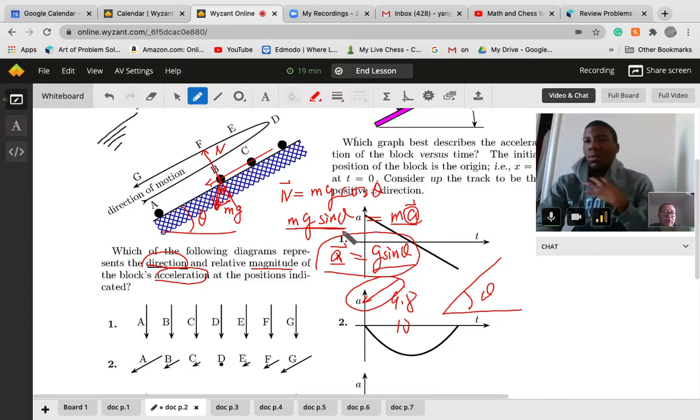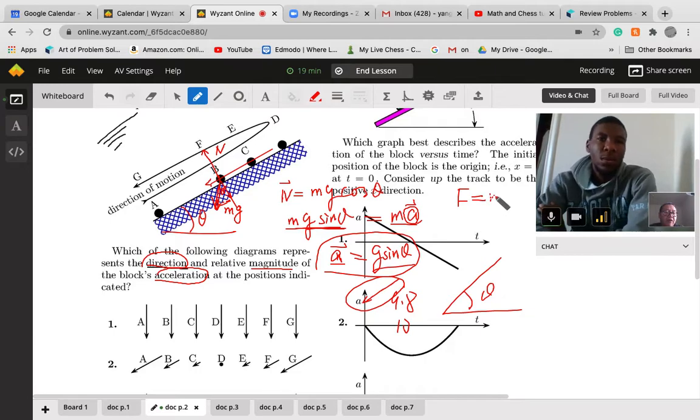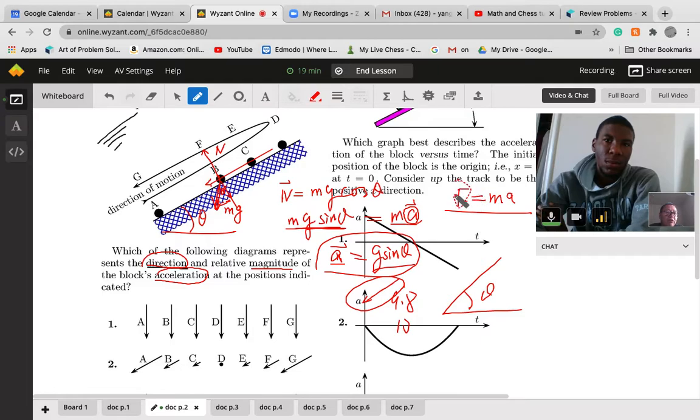Force equals m times a, right? This is Newton's law: force equals mass times acceleration. This force acts on this block, so we use this equal to m times a to calculate the acceleration of this ball. Then m cancels out, and we get a equals g times sin theta.